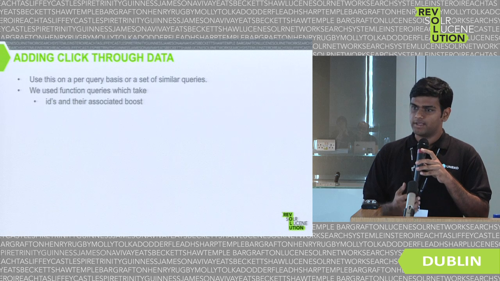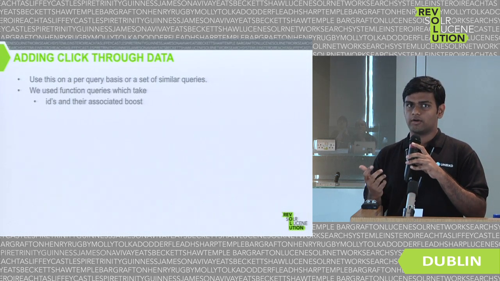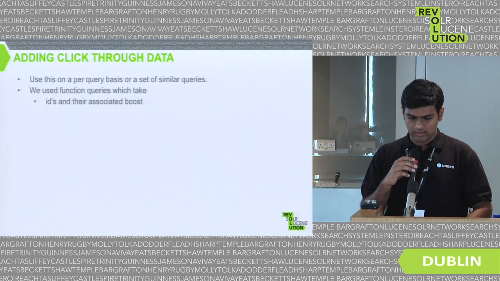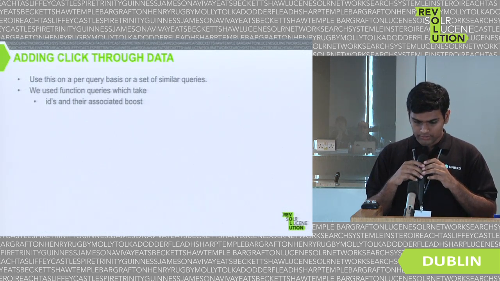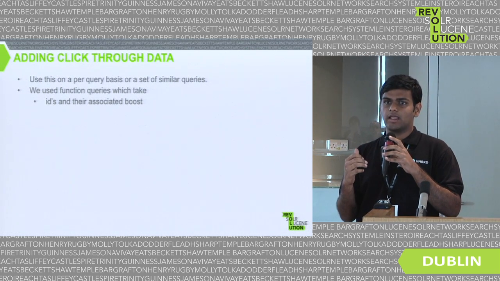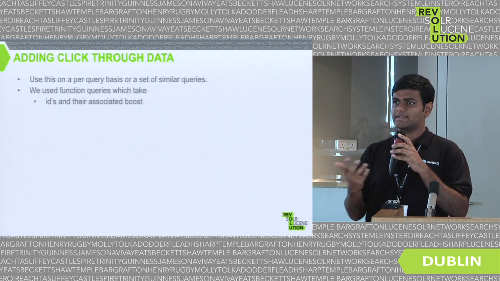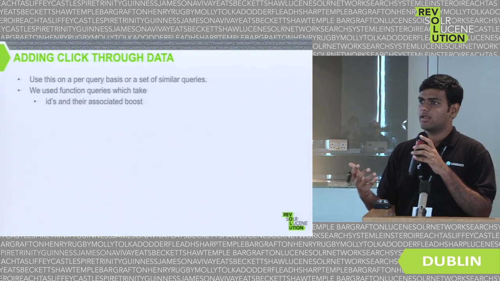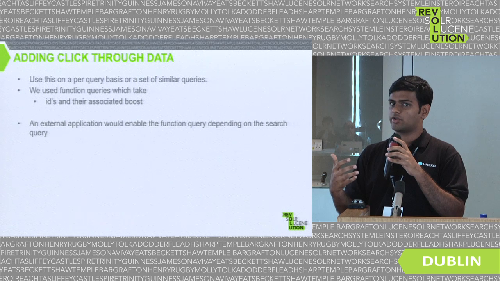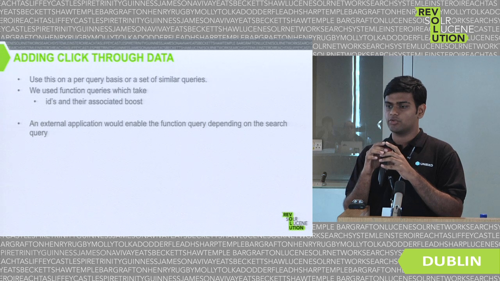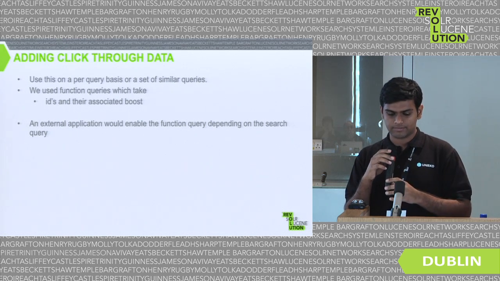This would be applicable to a query or a set of queries. You would use the function query which would take all these values. A function query would serially go through each document. Now you have this data in your function query, and if you get a match on the id, you would boost it. That's how you would implement the function query in this case.